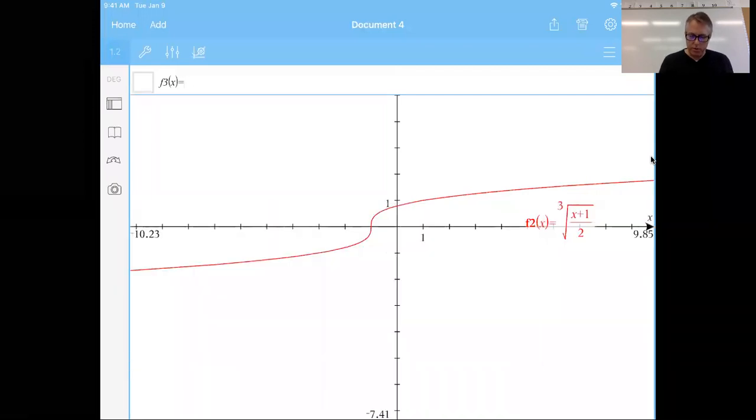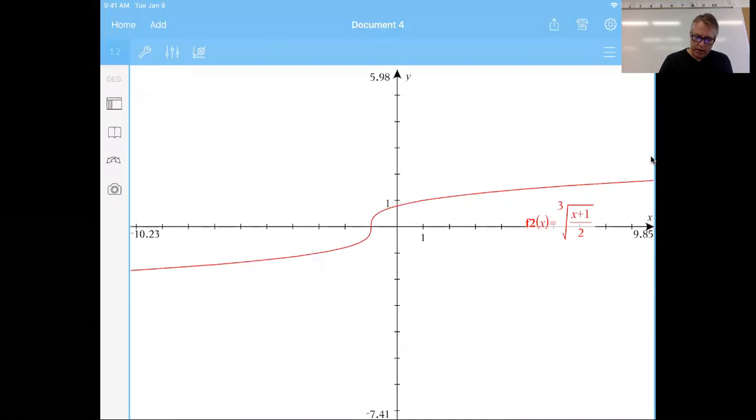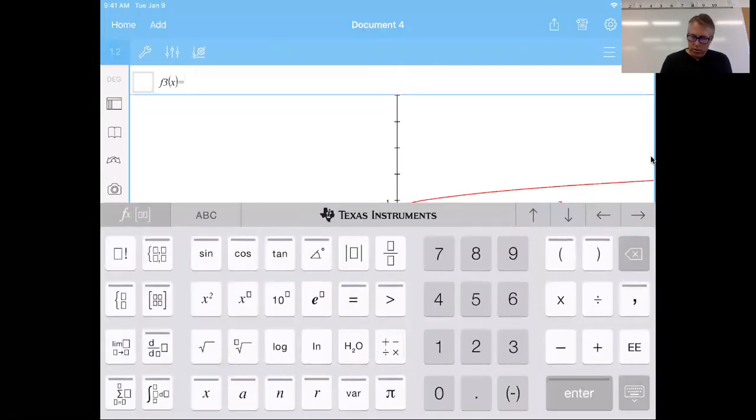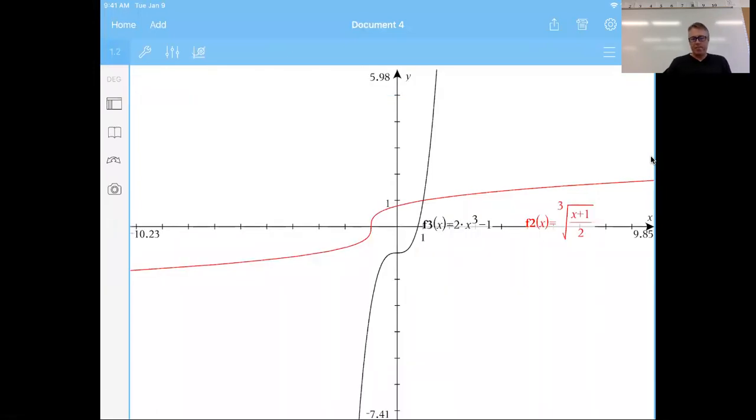I'm sorry, I meant to put them both on the same graph. To do that, you hit the plus sign in the upper right corner. My mistake, I hit the add in the upper left corner. So I have to type in the 2x cubed minus 1 again, so that they're both on the same graph. I just wanted you guys to be able to see them both on the same graph.